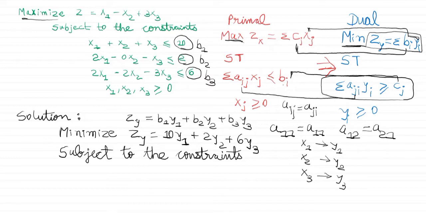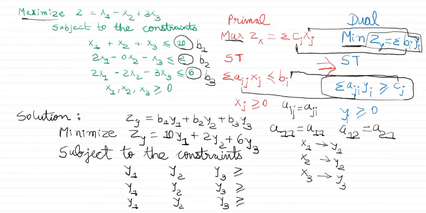It is the coefficient of the variables of the objective function, that is z is equal to x1 minus x2 plus 3x3. From that, firstly I'll just write these three equations. From that I'm writing y1, y2, y3, y1, y2, y3 and greater than or equal to.